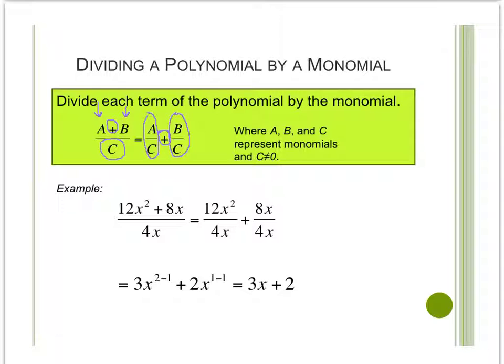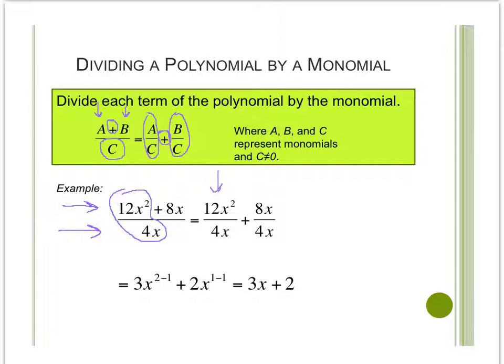So when we look at an actual example, we have a polynomial in the numerator and a monomial in the denominator. Therefore, that common denominator of 4x can divide both the 12x squared and the 8x. So our first fraction that we're breaking this up into is the 12x squared divided by 4x.